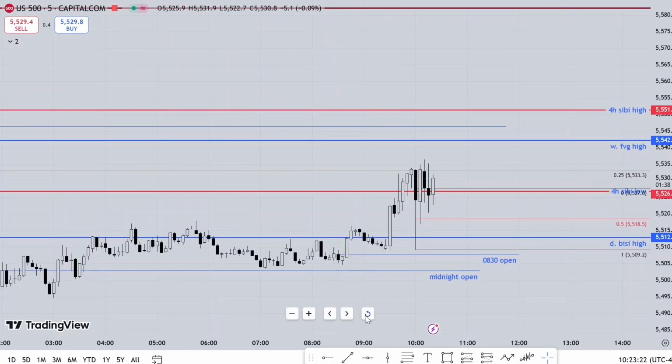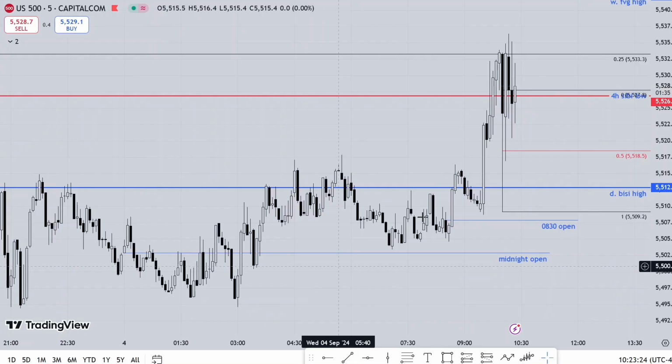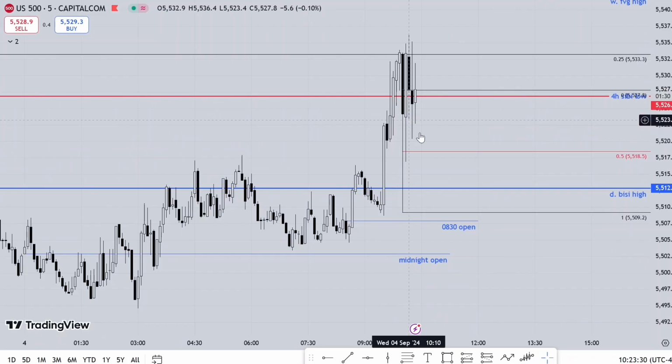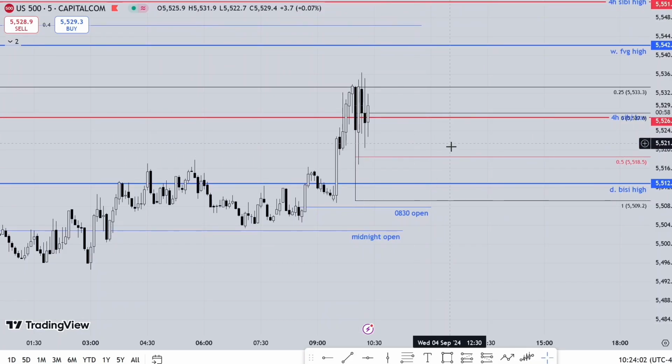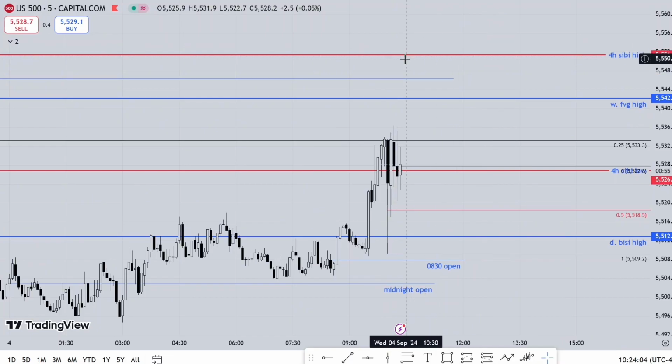So let's look for the fractal nature of this model on this time frame here. As you can see, we have just come to the midpoint of that 15-minute imbalance. We do not want to see any candle close below the midpoint of that imbalance, because it should act as a support level to take price higher to this buy side liquidity here and also this 4-hour CB.